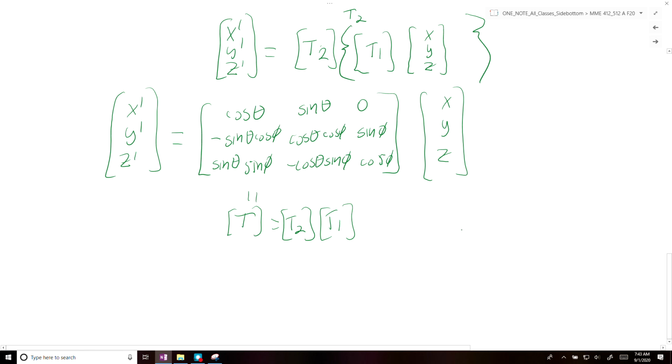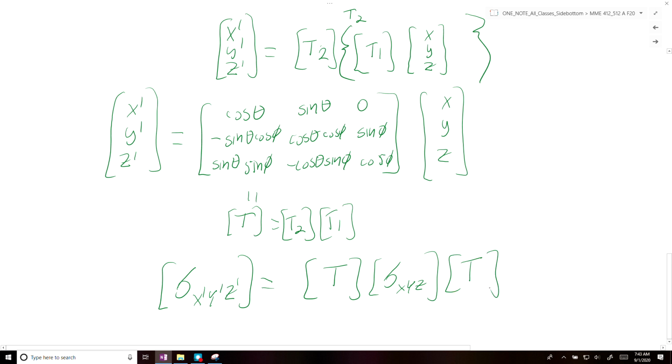Once we have that defined, we can use our equation. Our new state of stress x prime, y prime, z prime is equal to the transformation matrix times the original state of stress in the xyz coordinate system times the transformation matrix transposed.